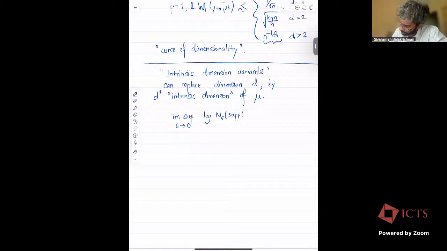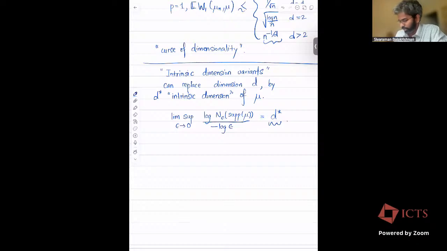So you can imagine covering the support of mu with epsilon balls and saying how many of them do I need? And looking at the scaling, this will typically scale with epsilon. If you're in Euclidean space, it looks like 1 over epsilon to the d. So if I divide this by something like minus log epsilon, and this has some value, let's say it is some critical number d star, this d star suffices.